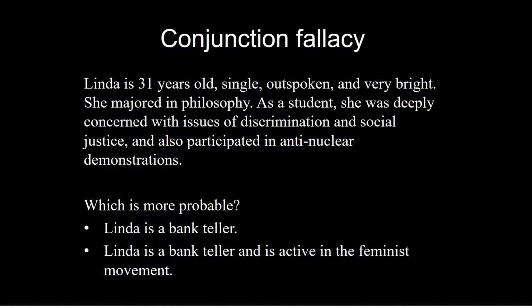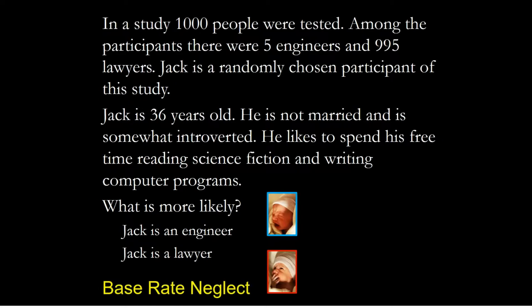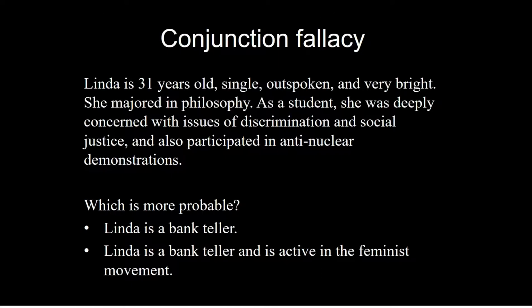Unlike the base rate neglect one, there's some version of this where Jack as an engineer could be correct. If this was so specific, basically said Jack works at an engineering firm as an engineer, then it would be reasonable to say Jack is an engineer, despite the fact that only 5 of them are engineers. But in this one, absolutely no matter what, it's 100% more probable that Linda is a bank teller than that Linda is a bank teller and is active in the feminist movement, because this is a strict subset of that.